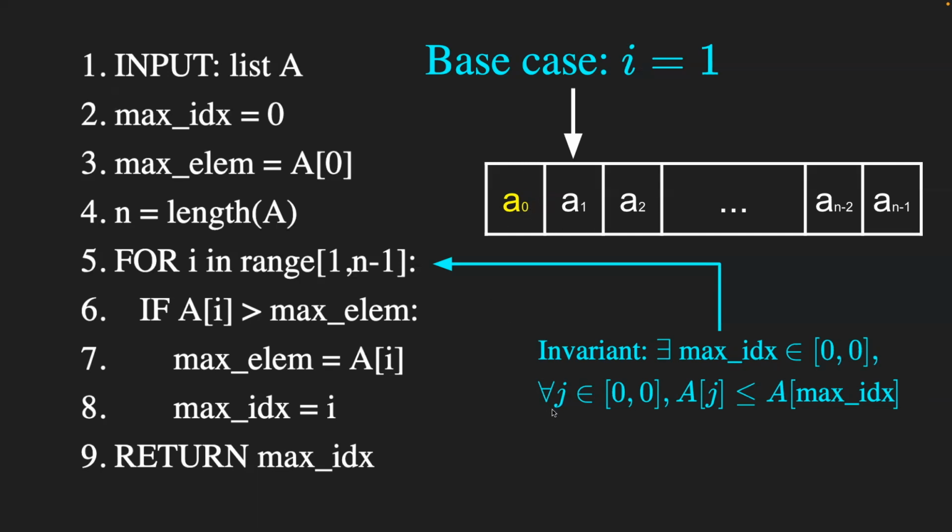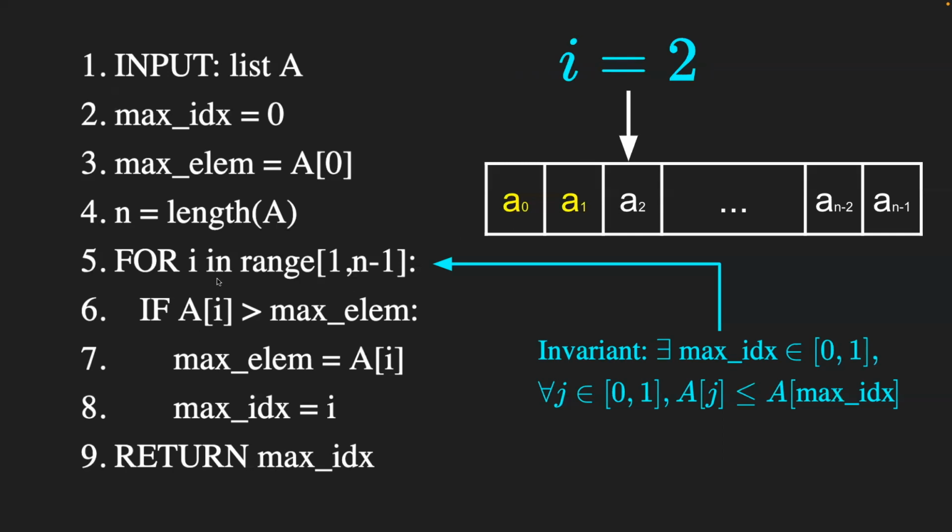So for all indexes up to this point, right now we're just looking at index 0, it is true that this value is less than or equal to itself. That makes sense, right? We've only looked at one element, and it's true that it's less than or equal to itself. But now let's loop through one more step. So we do i equals 2.